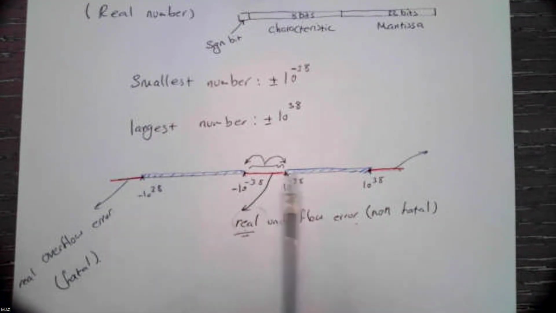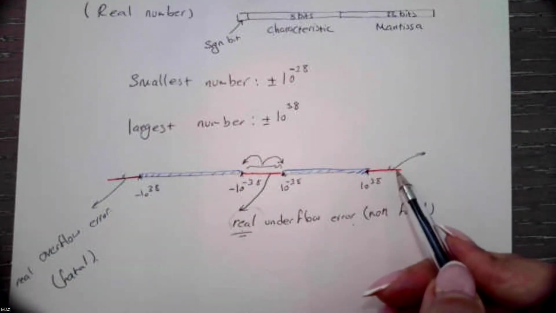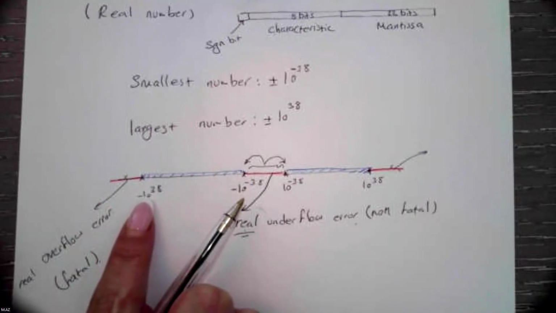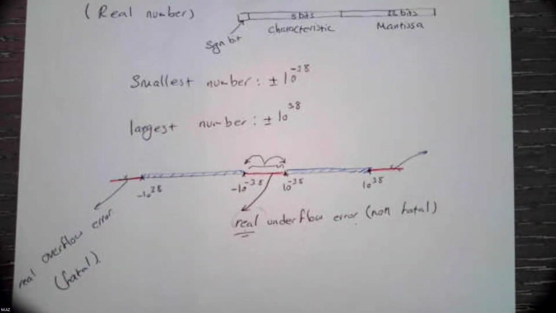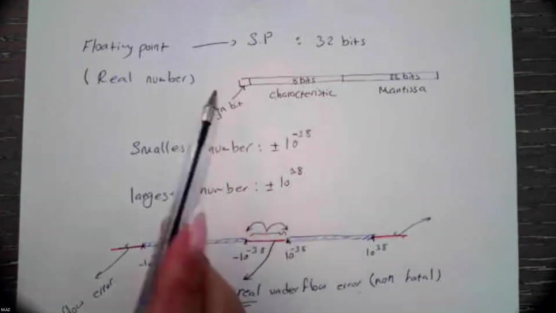But how about these two areas? If you are attempting to store any number larger than these two values, you get a real overflow error.